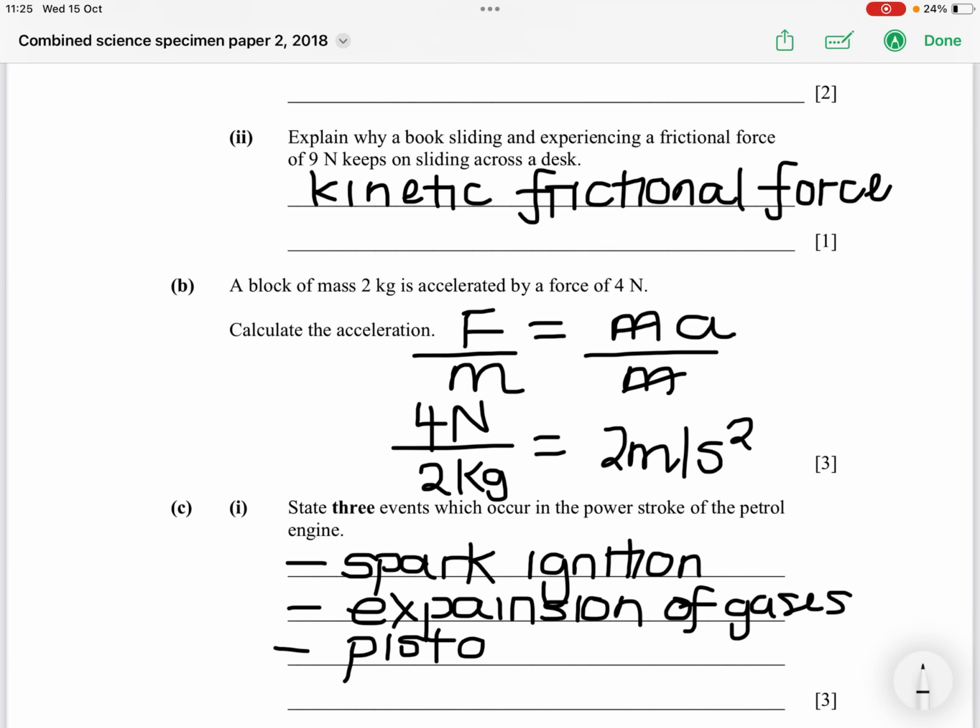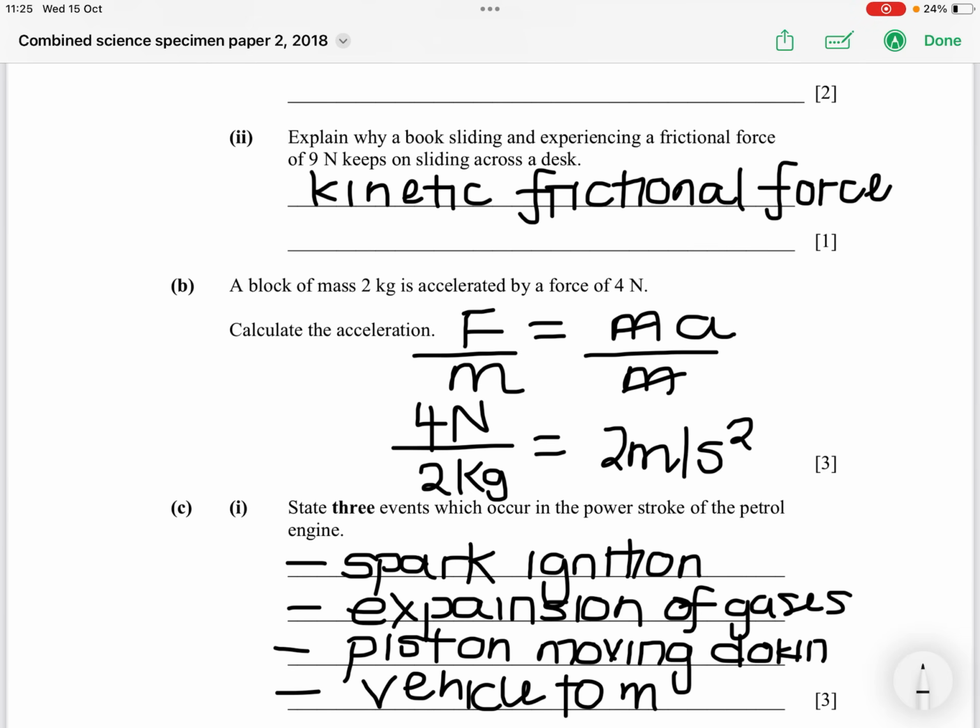So the resulting pressure, it pushes the piston down with several tons of force. So you need to explain that is when we are going to see the piston moving downwards. And when piston moves downwards, this is going to cause the vehicle to move. Why? Because we are having the electrical energy being converted into the kinetic energy.